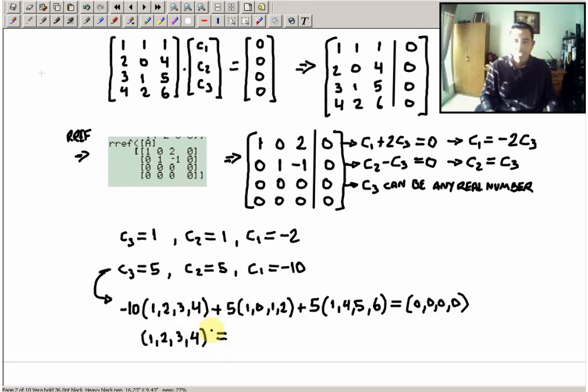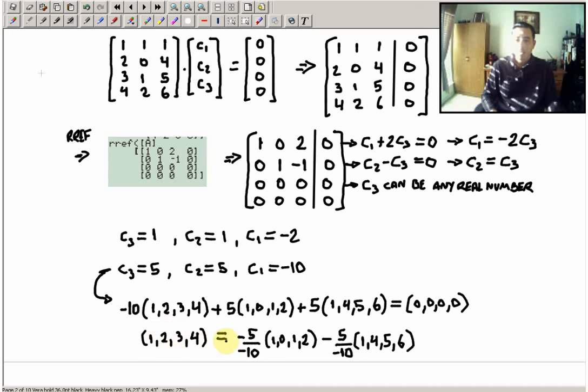So it will be negative 5 over negative 10 times 1, 0, 1, 2, and then minus 5 over negative 10 times 1, 4, 5, 6. The other side is just a zero vector, so I can throw it away. Here it is: the first vector is 1/2 of the second vector plus 1/2 of the third vector. And that's the end of it.